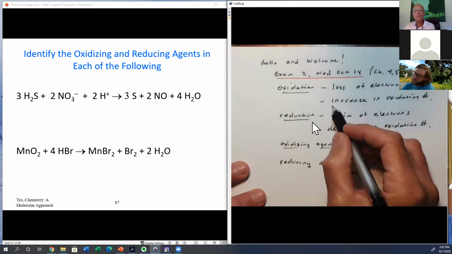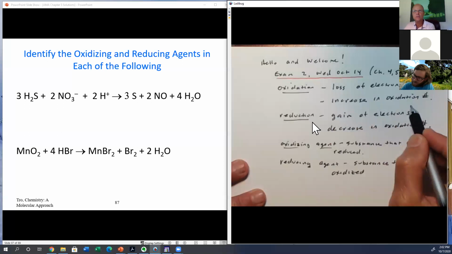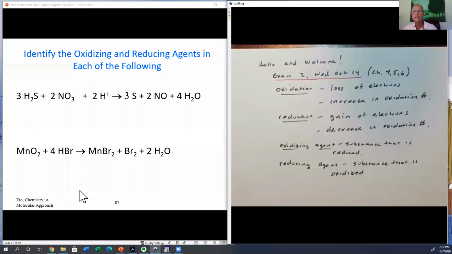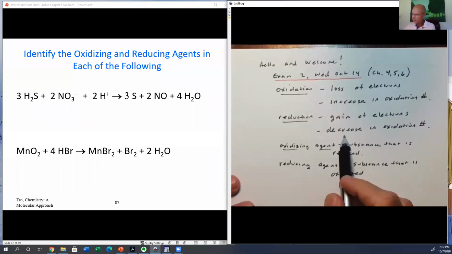We can see that when we assign oxidation states in a chemical reaction as an increase in oxidation number. In other words, when an element goes from a lower oxidation number to a higher oxidation number in a chemical equation, then we know it got oxidized. And if it goes from a higher one to a lower one, then we know it got reduced.